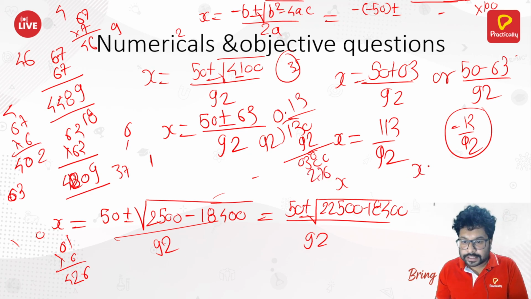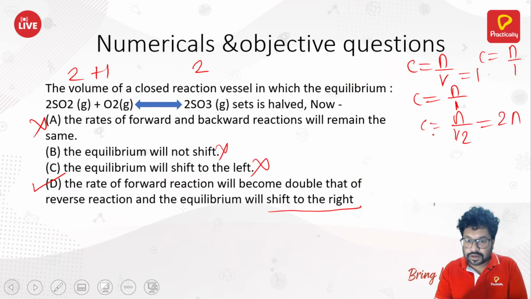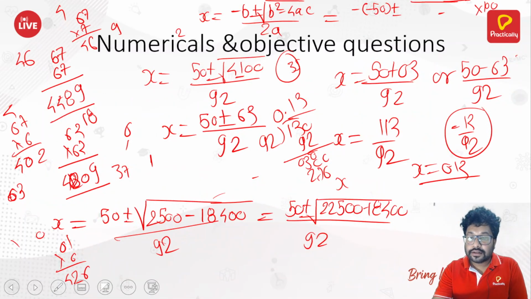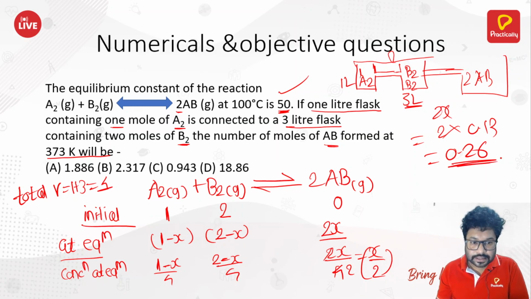So yeah, your x is somewhere around 0.13. And the amount of AB formed is 2x. So x is equal to 0.13, right? 2 into 0.13 is equal to 0.26. Now I don't know what went wrong here. Number of moles of AB formed here.